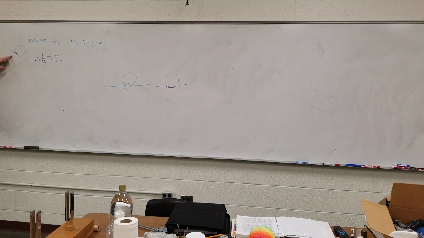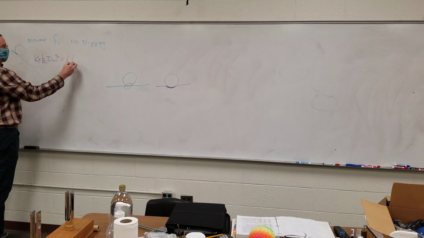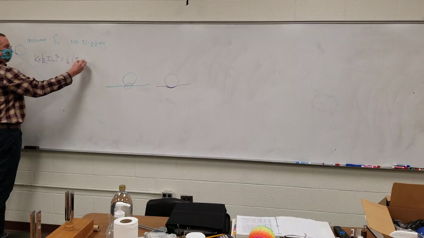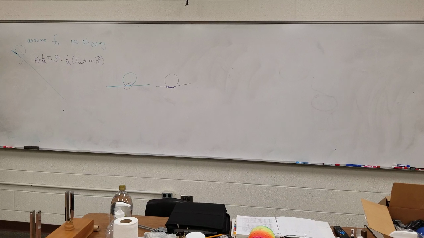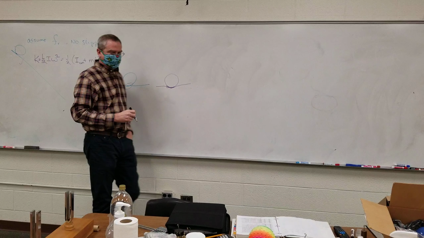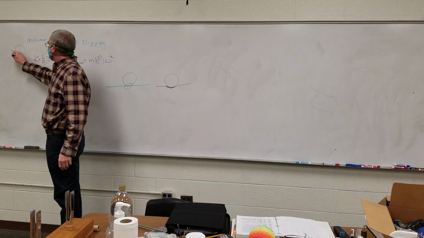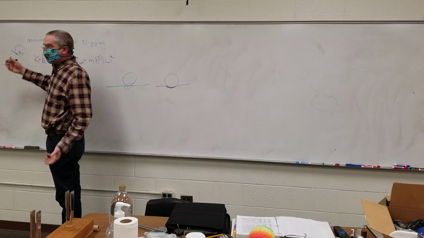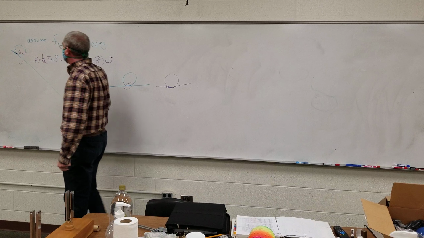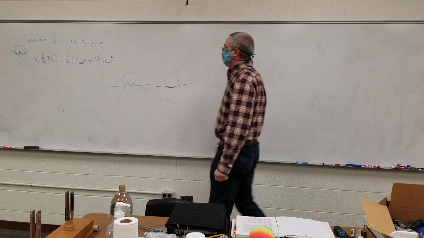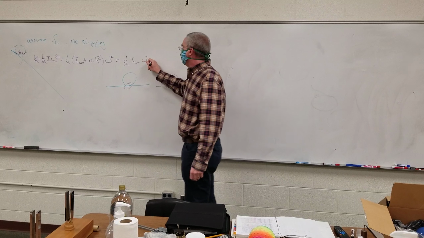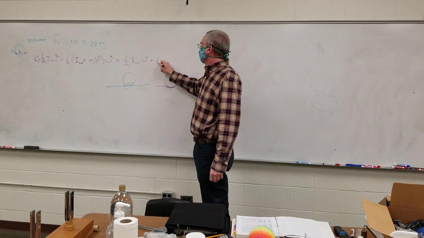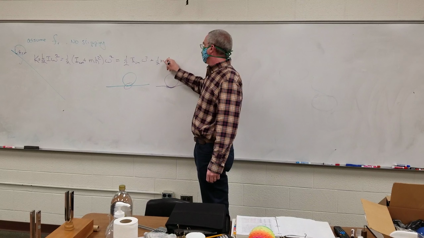So let's do a little parallel axis theorem. This would be 1/2 times the moment of inertia about the center of mass plus m h squared, where h is the distance that we shifted from the center of mass to the new axis, omega squared. So h would be that distance right there, and for something that's rolling, that's also known as the radius. So that's equal to 1/2 I center of mass omega squared, plus 1/2 m r squared omega squared.